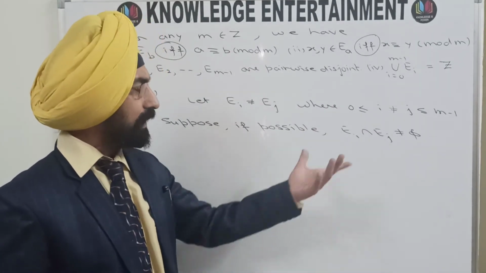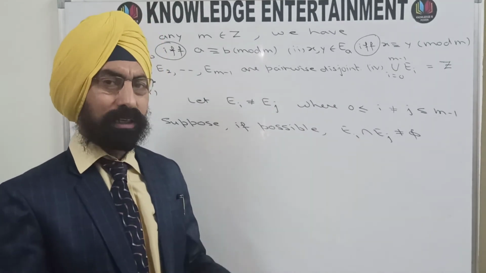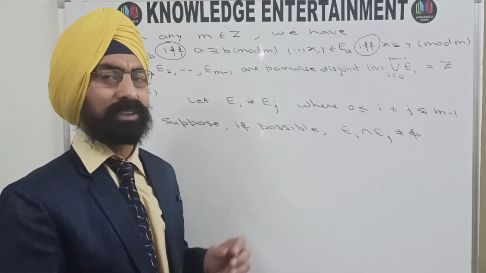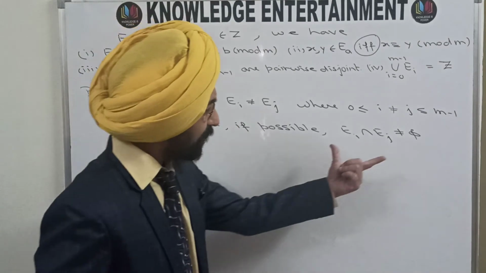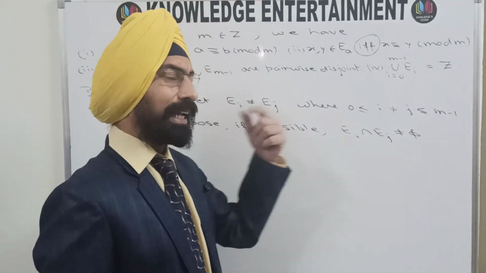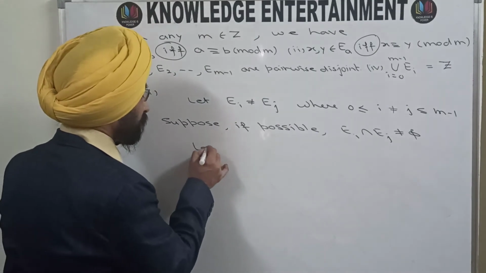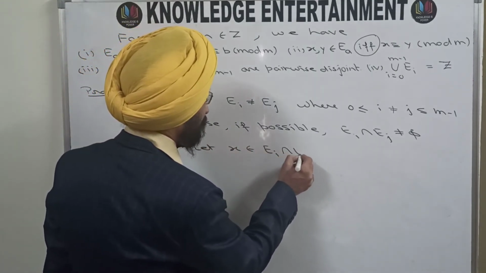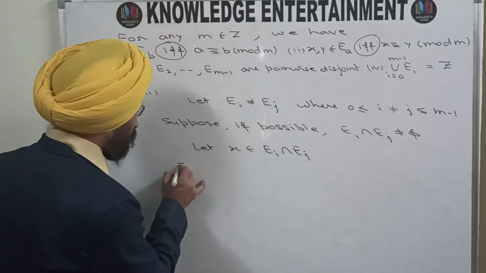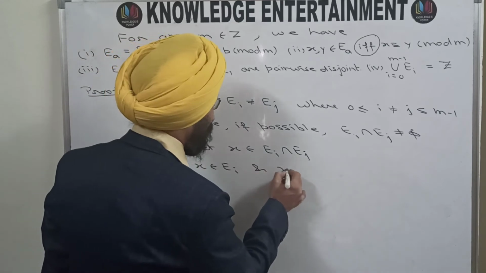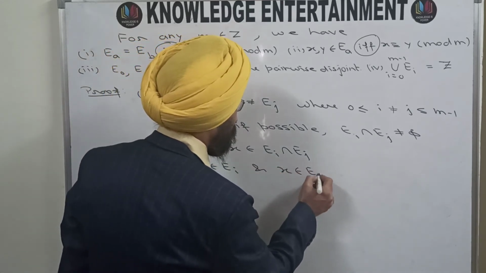I have supposed their intersection is not phi, so definitely I will arrive at some contradiction, and that will prove that their intersection is phi. If the intersection is not phi, they must have some common element. So let x be the common element of EI and EJ. This means x belongs to EI and x belongs to EJ.